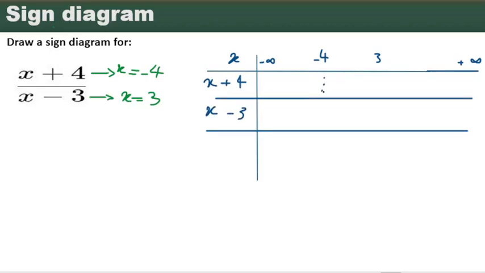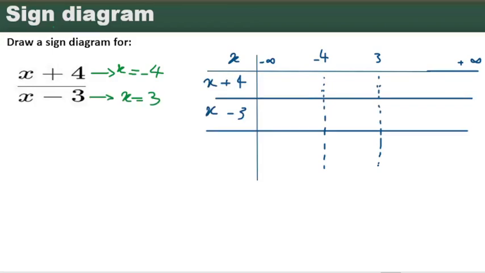Let's draw a dashed line here and split negative infinity to positive infinity into several intervals. The first interval is from negative infinity to negative 4, for this expression located at the numerator.